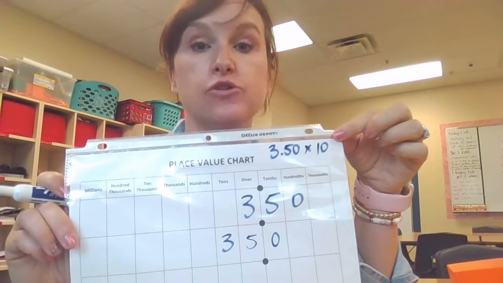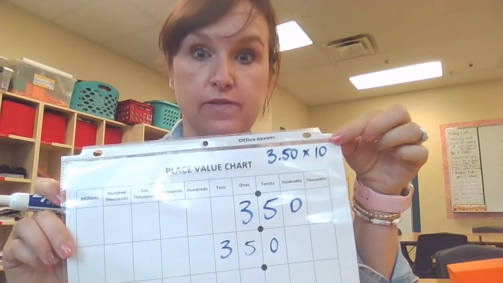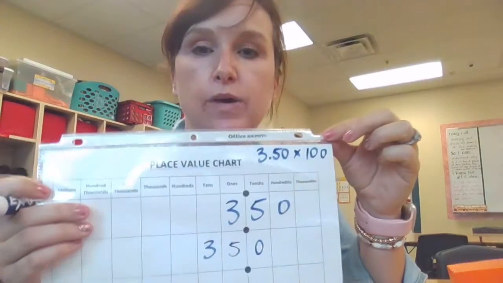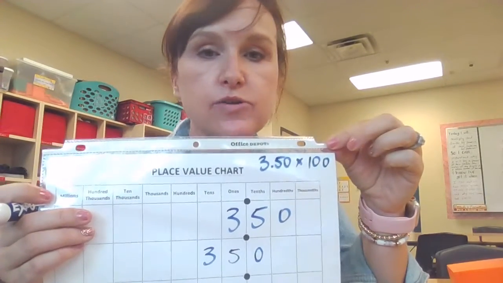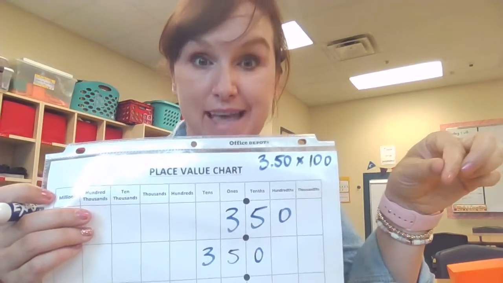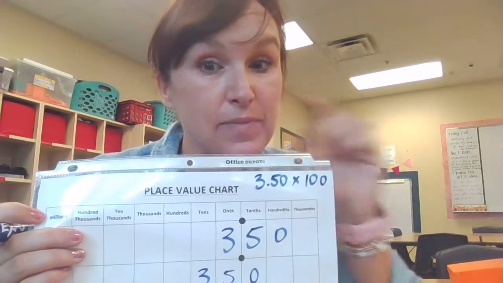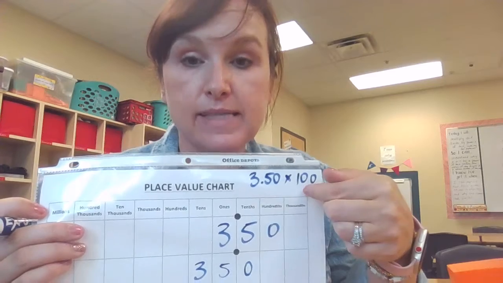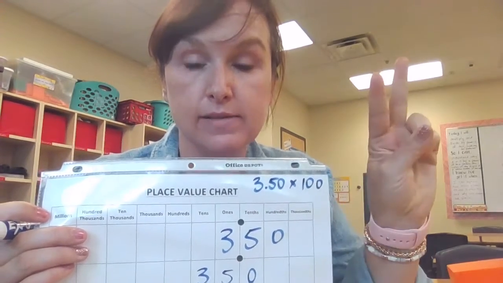Let's say I get 100 people to contribute $3.50. Well, $3.50 times 100. 100 is just 10 times 10. And I know that because I see that there's no decimal and there's 2 zeros right here. That means I've had 10 multiplied together twice.